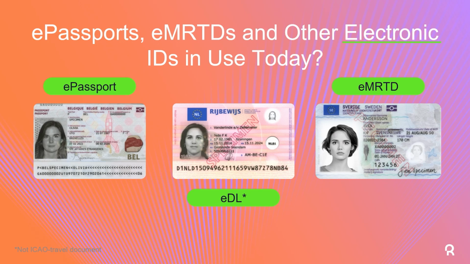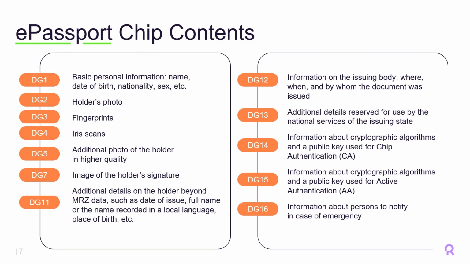This slide shows what is stored on the chip of an ICAO-compliant ePassport. Each file on the chip is called a data group, or DG. DG1 includes basic personal details like name, nationality, and date of birth, the same information found in the MRZ, machine-readable zone. DG2 contains the holder's photo. DG3 and DG4 are used for fingerprints and iris scans, and access to them is restricted.